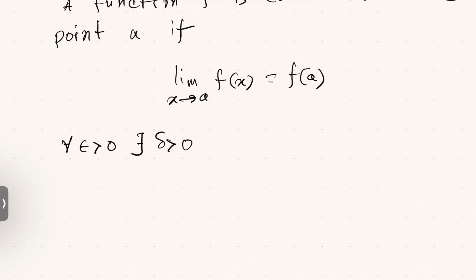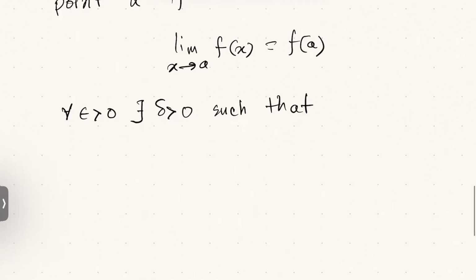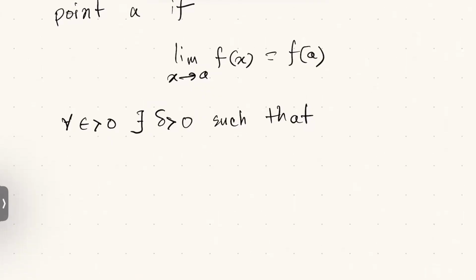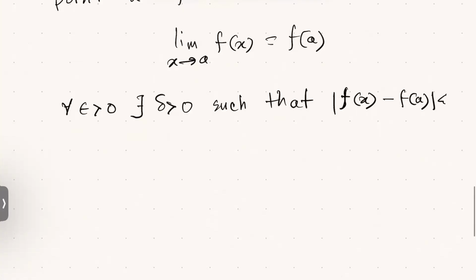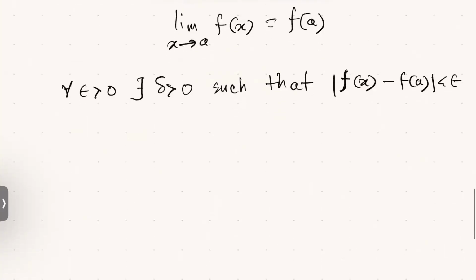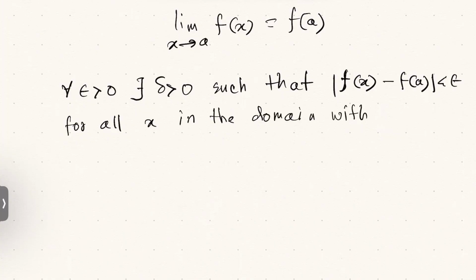So for all epsilon greater than 0, there exists a delta greater than 0 such that absolute value of f of x minus f of a is less than epsilon for all x in the domain with absolute value of x minus a less than delta.